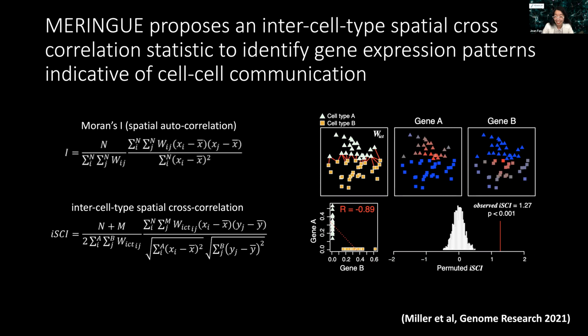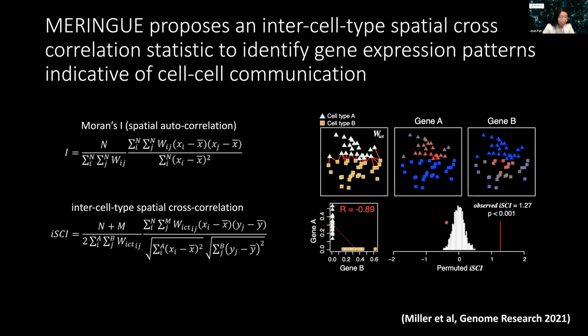We can see that it just so happens, as we simulated it, that cells of cell type A that highly express the receptor are always spatially neighboring cells of cell type B that highly express the ligand. And so in this particular case, we can just quantify that interesting spatial pattern using our intercell type spatial cross-correlation statistic and show that indeed it is highly significant compared to what we expect under a random permutation null model.